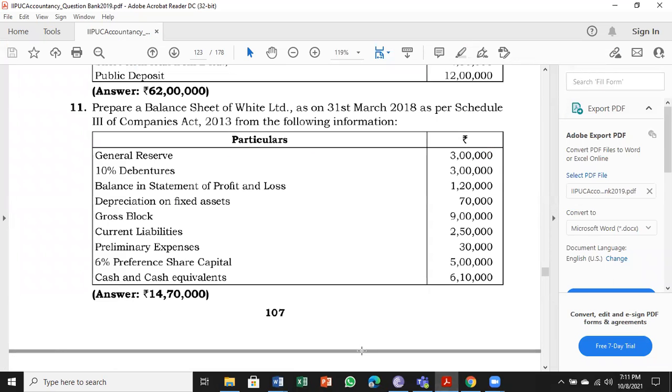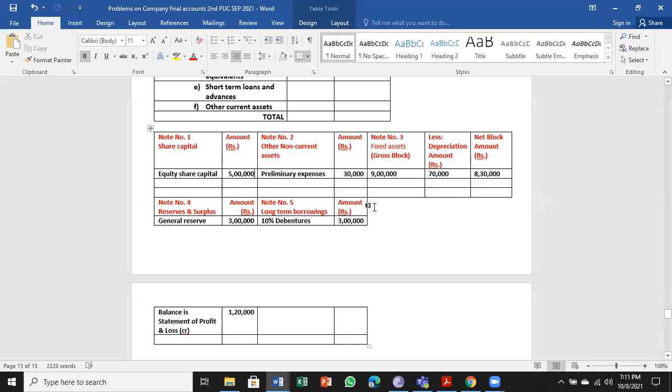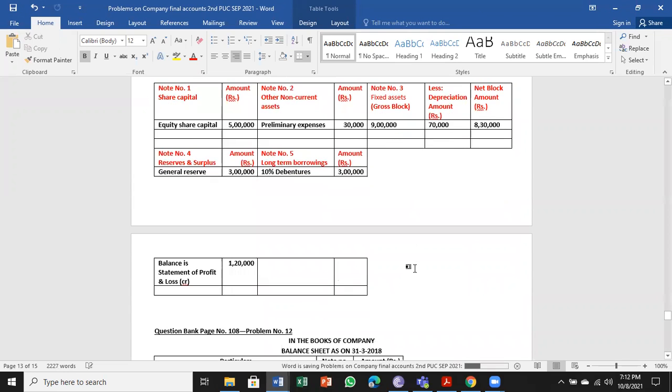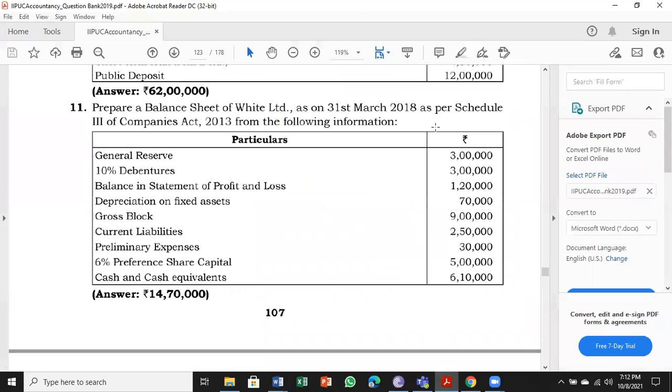Next, cash, 6,10,000. Straight away, you can enter into cash equivalents in the current assets as 6,10,000. So I have completed all the amounts over here.